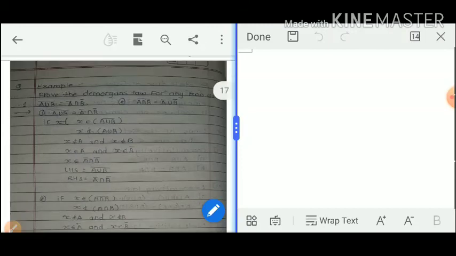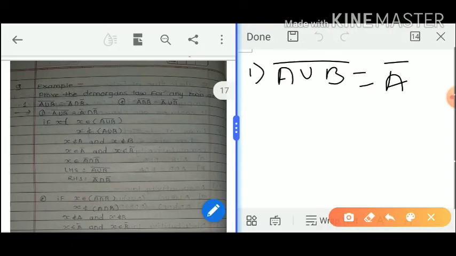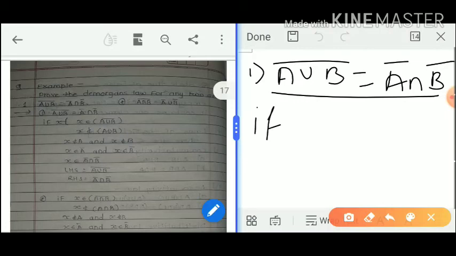So prove De Morgan's law for any two sets. First is A union B complement equals A complement intersection B complement. We need to prove this. How to prove? Suppose X belongs to A union B complement.